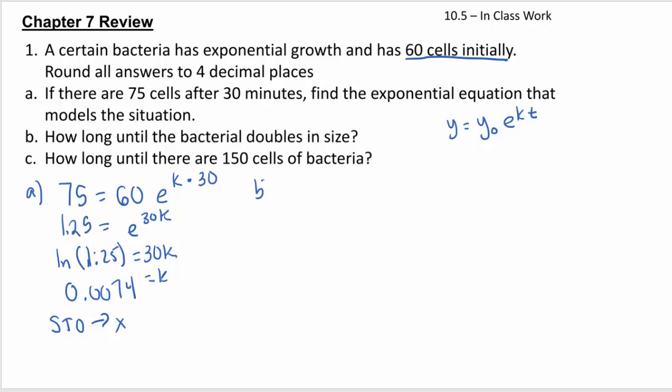For part B, how long until the bacteria doubles in size? So if I had 60 cells initially, I want to know how long until I have 120 cells. 60 e to the k, 0.0074 t. So really that's equal to 2.